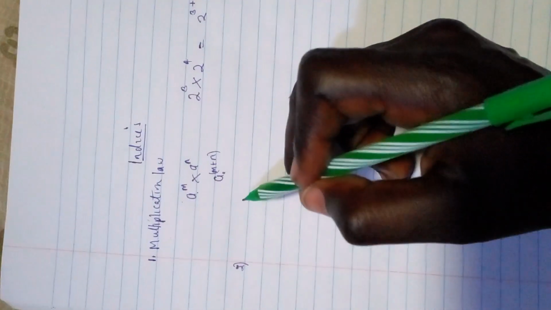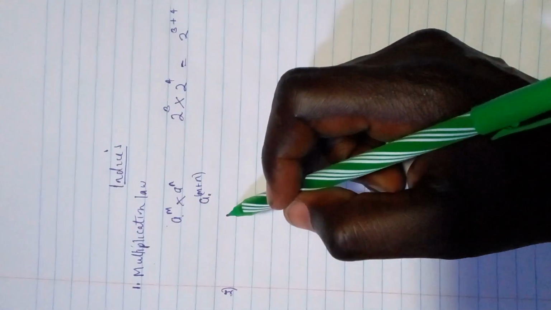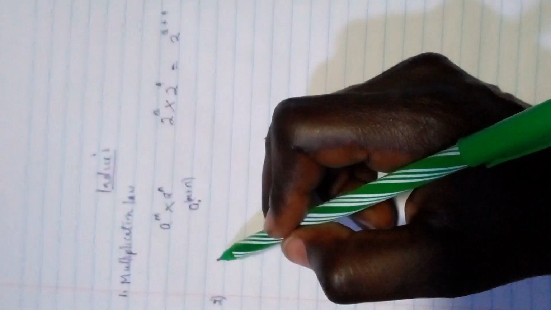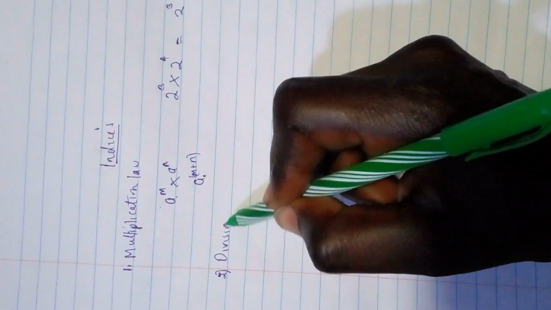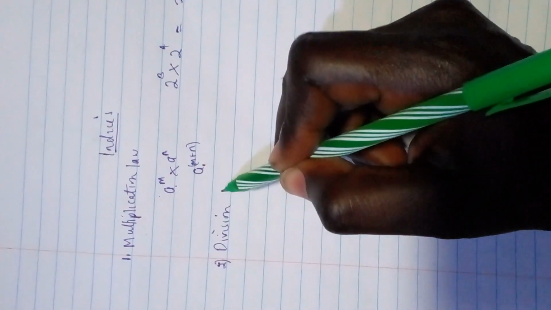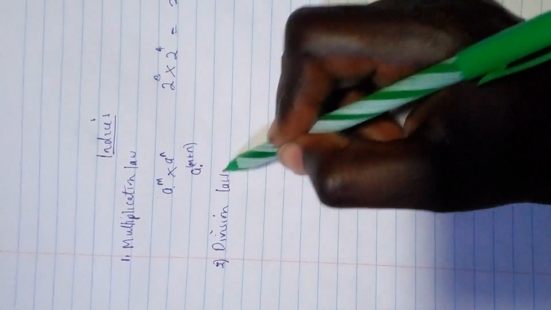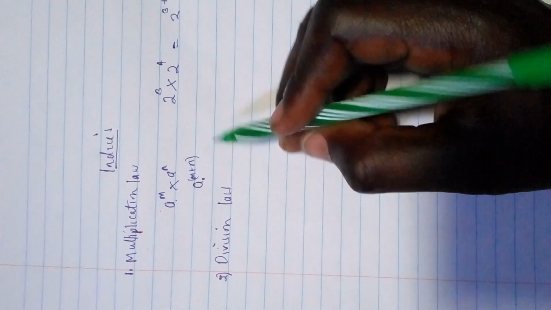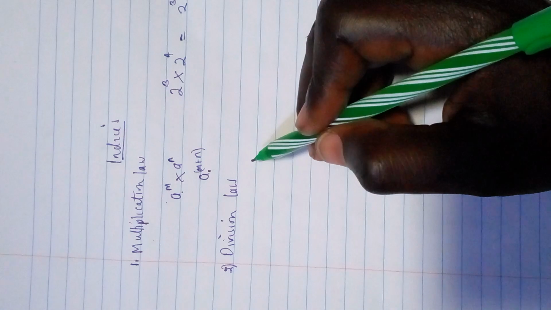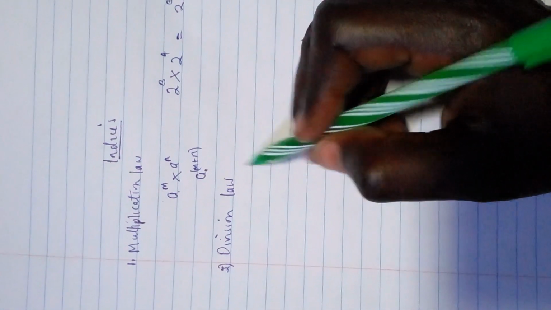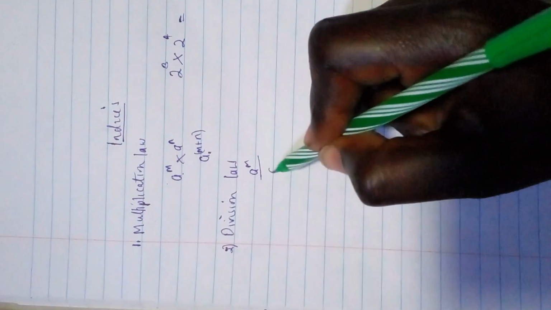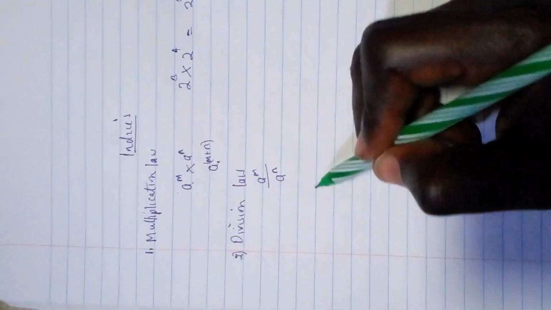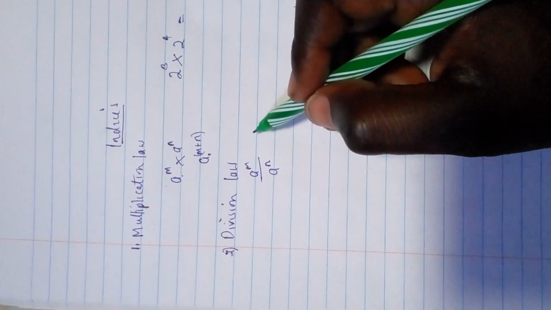Okay, now let us move to the second law of indices, which is the division law. In the division law, if, for example, you're given a to the power m divided by a to the power n, you simply subtract the powers.